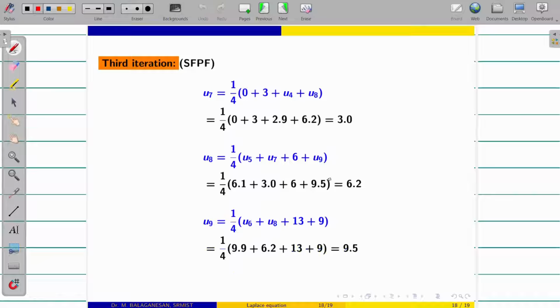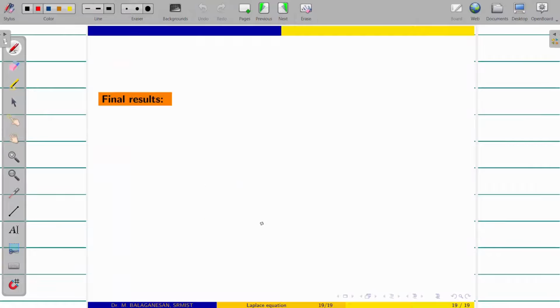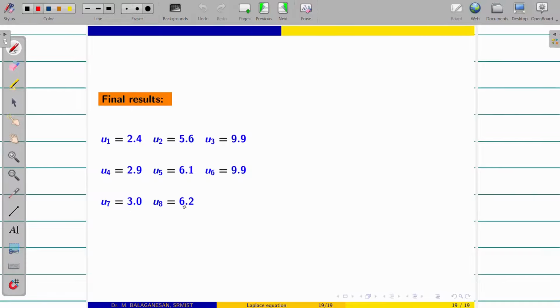So just whatever you are getting in the third iteration, write the table of the values separately like this. U1 is 2.4, U2 is 5.6, U3 is 9.9, U4 is 2.4, U5 is 6.1, U6 is 9.9, U7 is 3.0, U8 is 6.2, U9 is 9.5. Whatever the value you obtain in the third iteration.